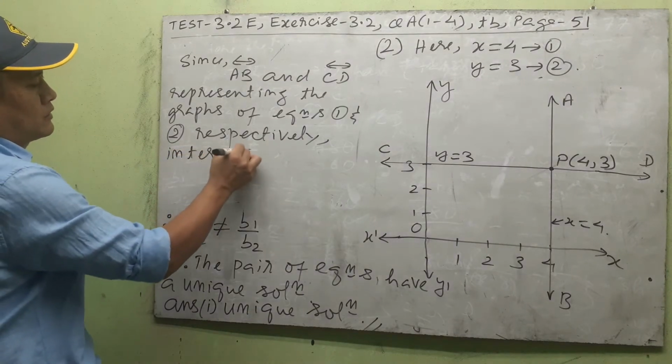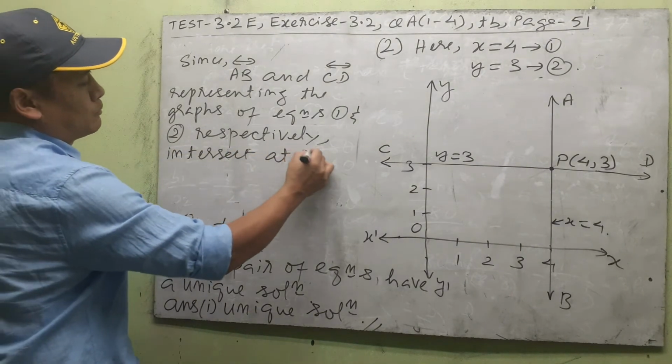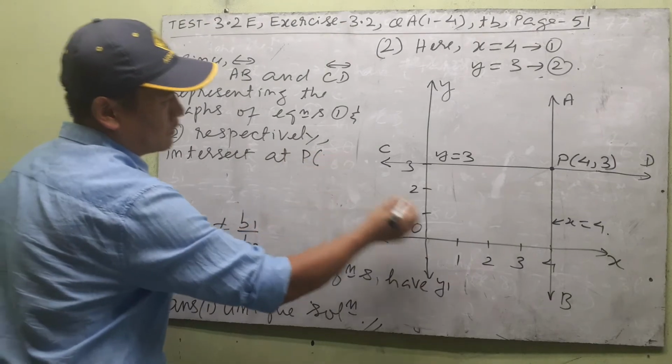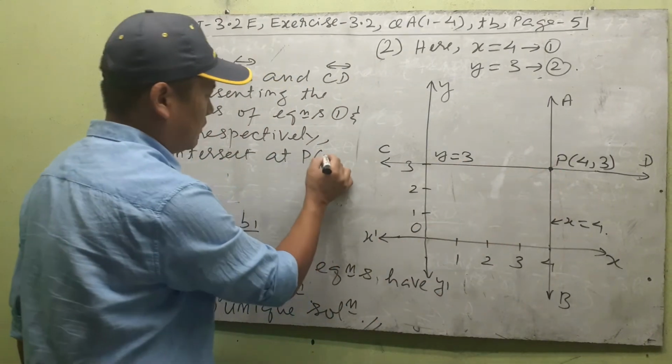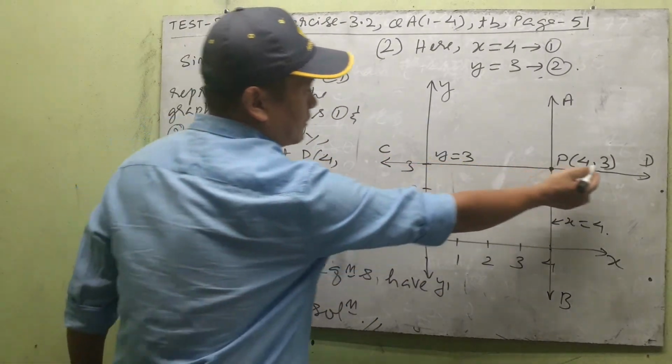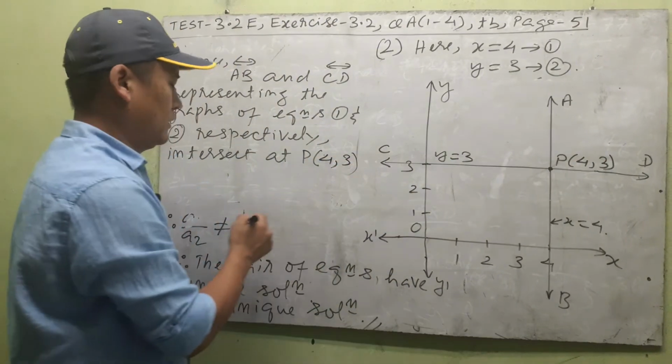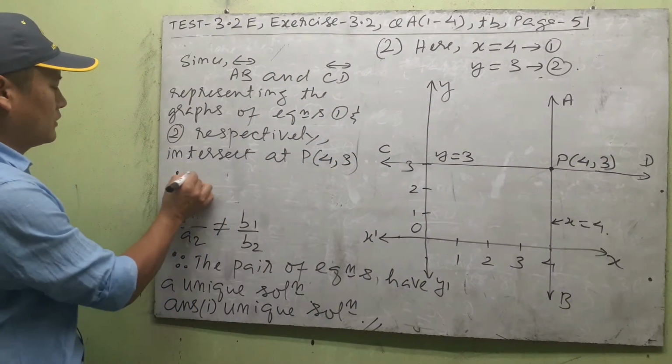So you write intersect at the point P having x value equal to 4 and y value equal to 3.